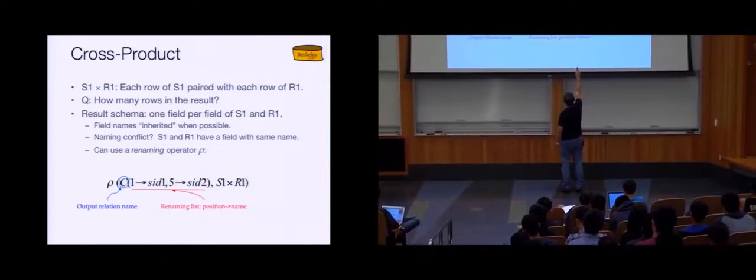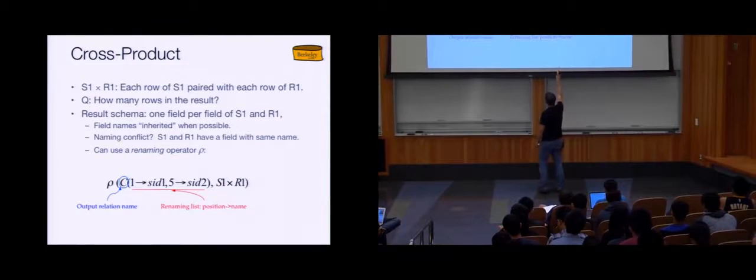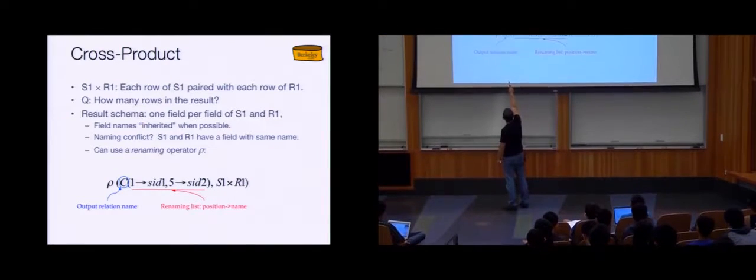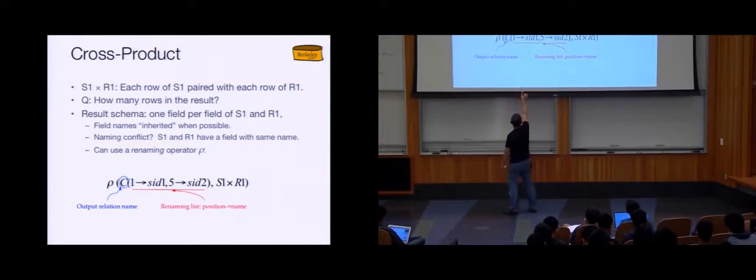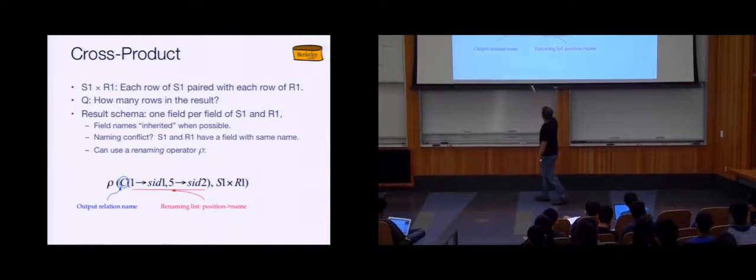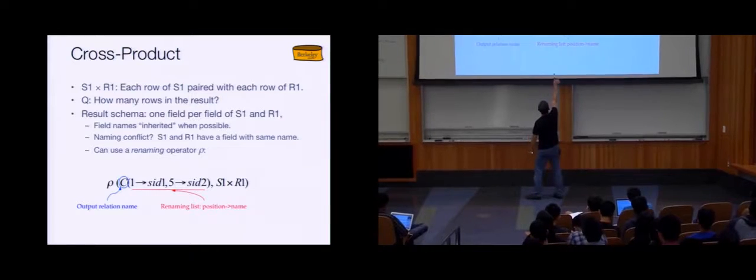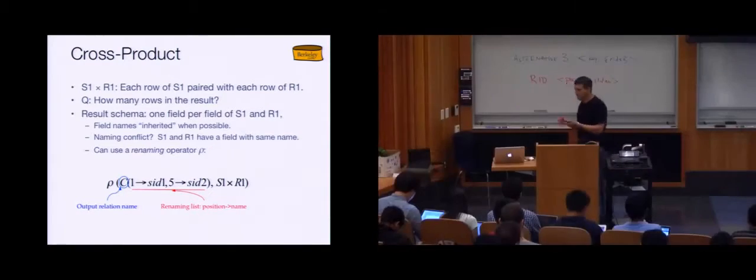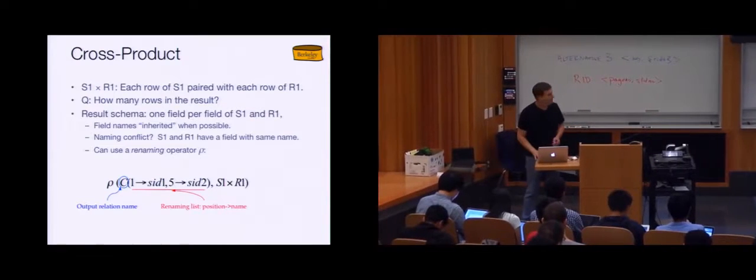And in this case, it's an expression, S1 cross R1. And the renaming expression, which is the left of this comma, gives an output name for the relation output and a mapping of column positions to column names that you want to change. So this is saying column 1, call it SID1, column 5, call it SID2. Okay, so you can always make sure to impose names when you have ambiguity, right?